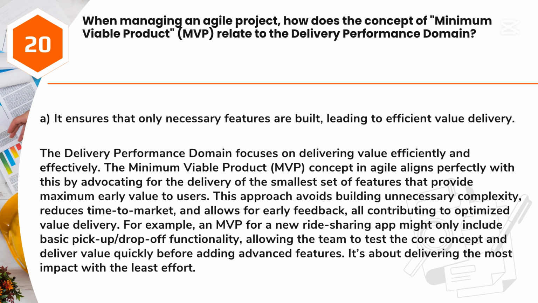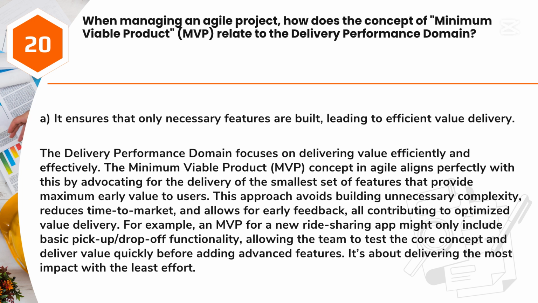Answer: A. It ensures that only necessary features are built, leading to efficient value delivery. The delivery performance domain focuses on delivering value efficiently and effectively. The minimum viable product, MVP, concept in Agile aligns perfectly with this by advocating for the delivery of the smallest set of features that provide maximum early value to users.